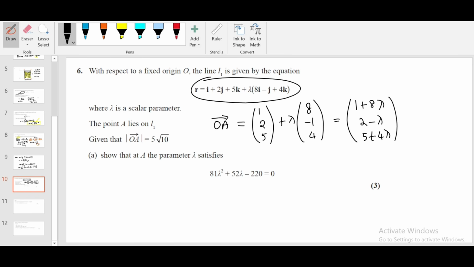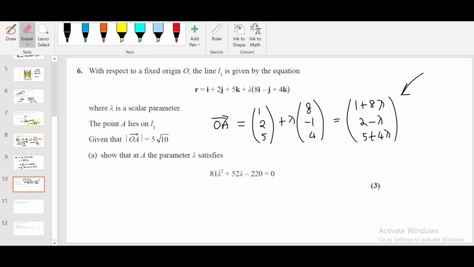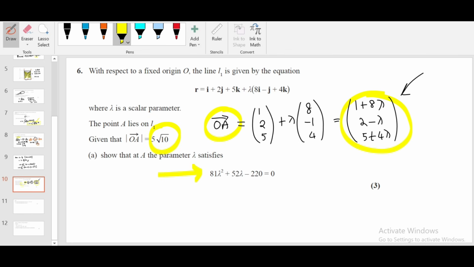If you know the value of lambda, you can sub in here to find the actual position vector. This is a position vector in terms of lambda. Using this position vector, if you find the modulus of OA equated to 5 root 10, you will get this equation. So how do we find the modulus of the highlighted vector? Square root of x square plus y square plus z square, right?